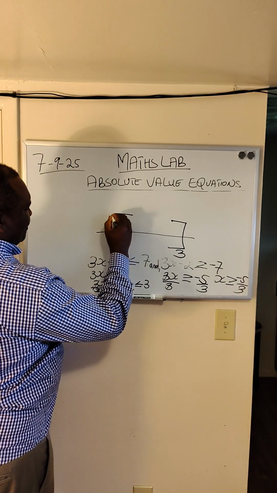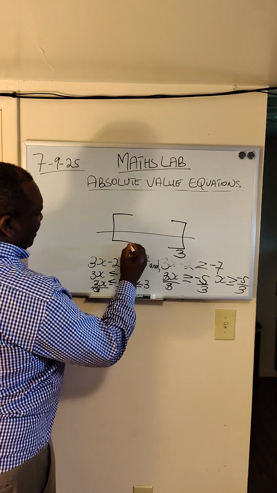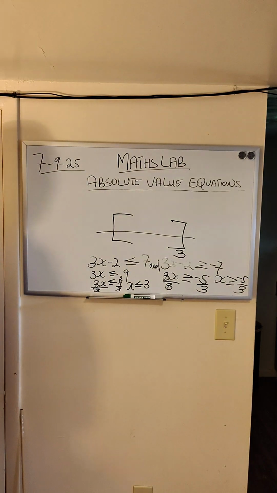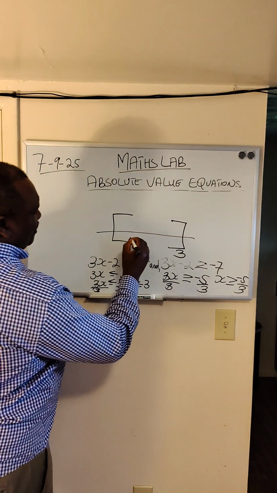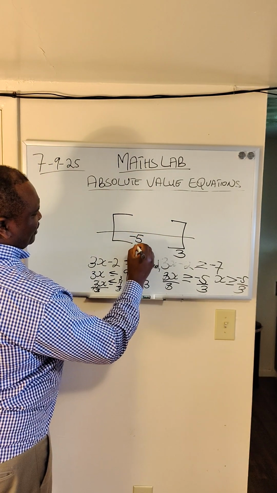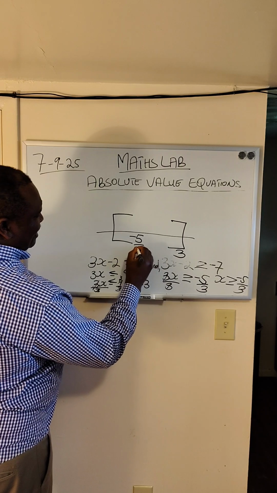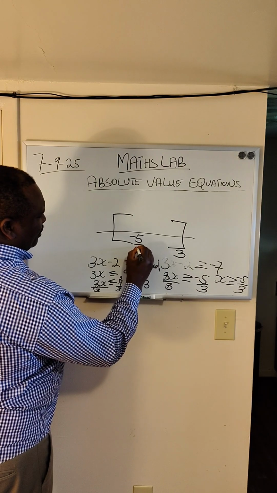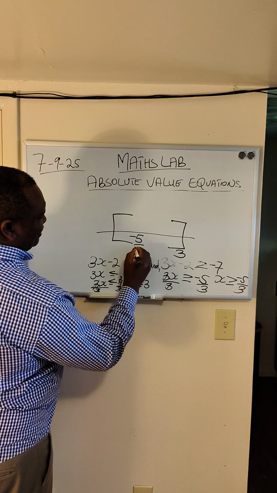We're going to draw another line like this, and on this line we're going to put negative 5 over 3, because negative 5 over 3 is less than or equal to x. So remember x.